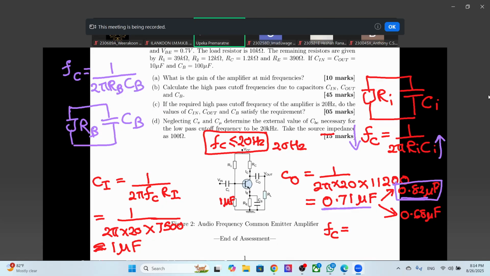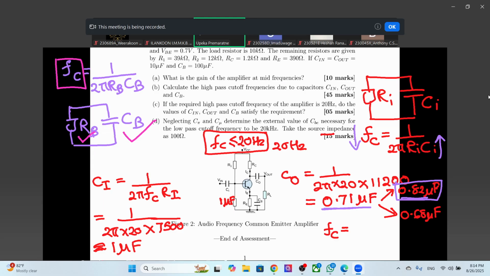So for the student who asked how we get the capacitor value: initially, we were given the capacitor value, we found the resistance value through our analysis, and from that we calculated the cutoff frequency.